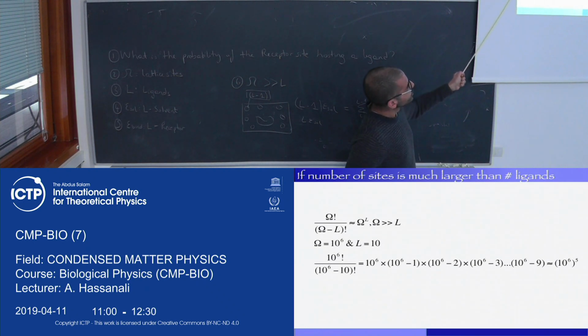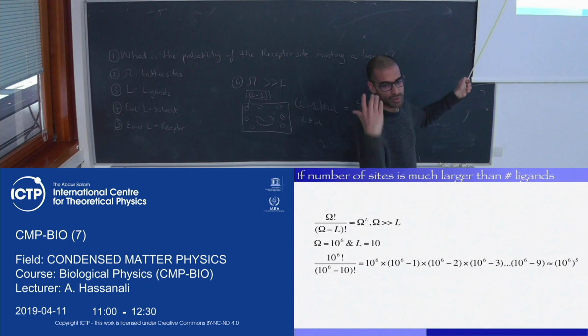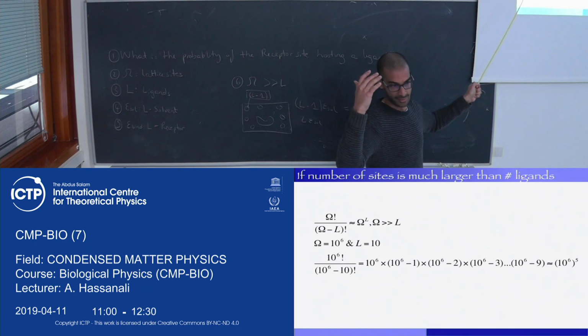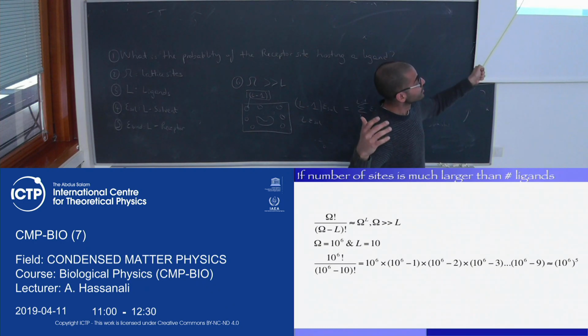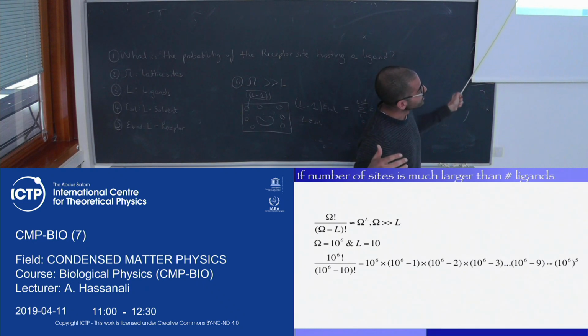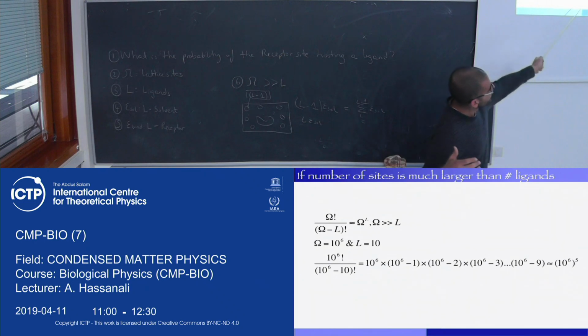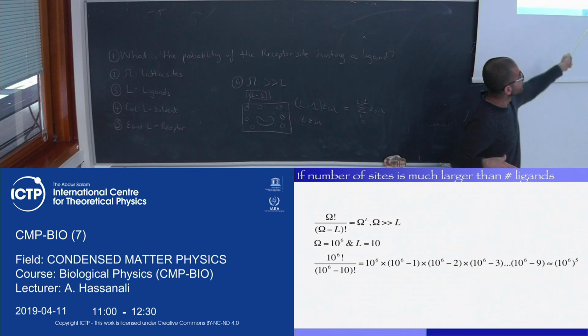If you've got several orders of magnitude more omega sites than L, you can easily show yourself that the leading order term in this type of expansion is very well simplified by just saying it's, for example, 10 to the 6 to the power 5.